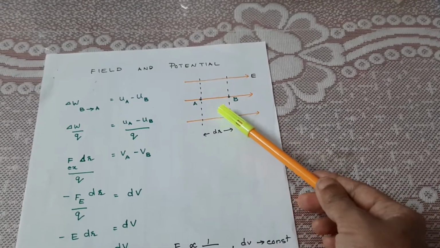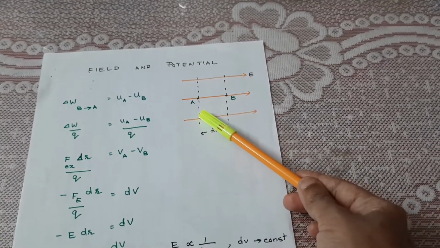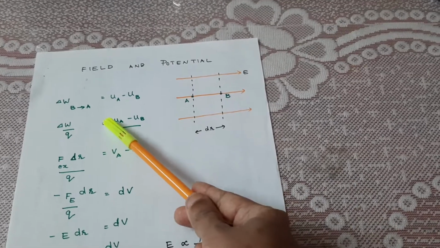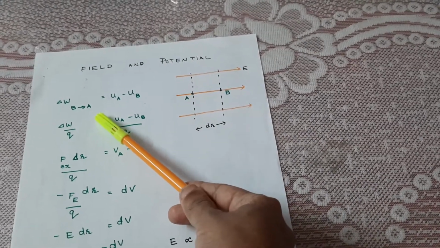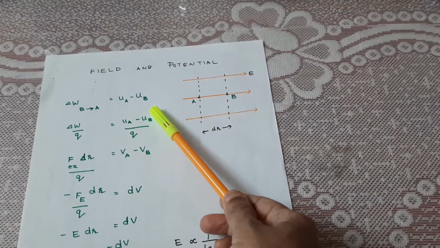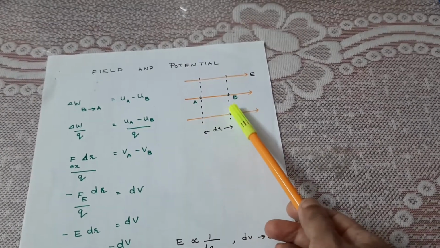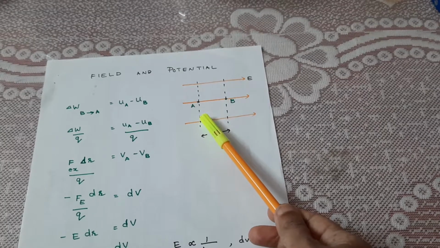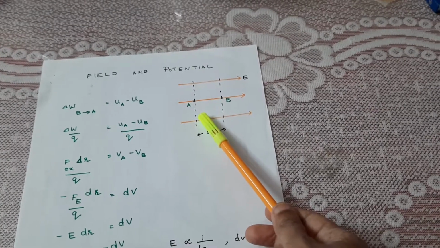The work done to move the charge from B to A, delta W, is equal to UA minus UB, as the work done is fully stored as the potential energy.